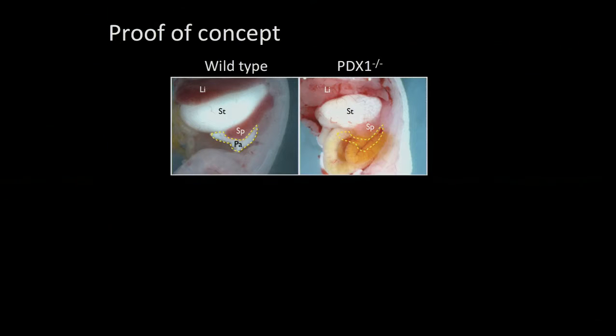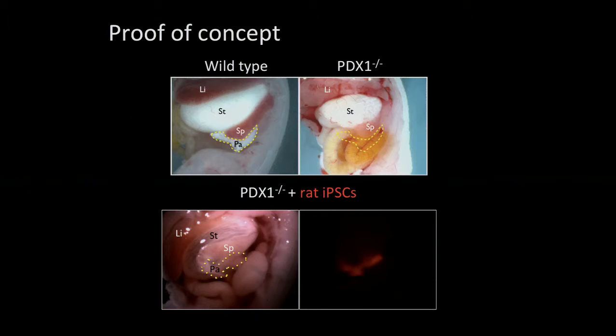Here again, just to show a few more pictures demonstrating this possibility. If you take out the PTX1 gene, you're lacking a pancreas. This is how a normal pancreas looks in the body. And if we rescue with the red iPS cells, which are labeled with red color, you can see all the pancreas is coming from the rat.